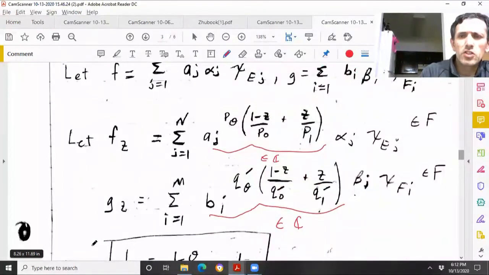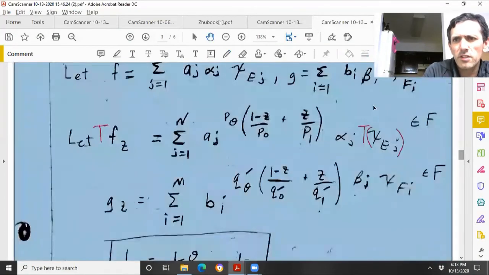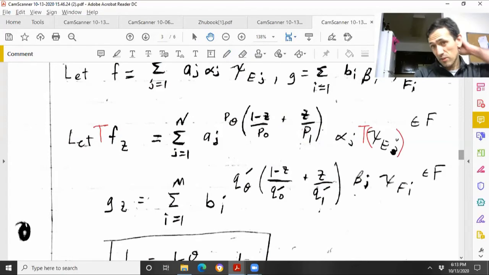T is linear. So what you could do is get rid of this. I mean, I'll just do it because otherwise I would just give you a hint to do this. Okay, so for fixed z, this is a constant, this is a constant. So thanks to linearity, Tf of z is just this whole sum here, T applied to this characteristic function.